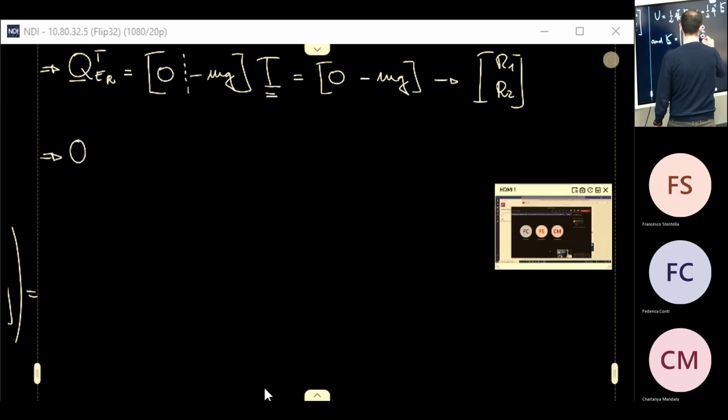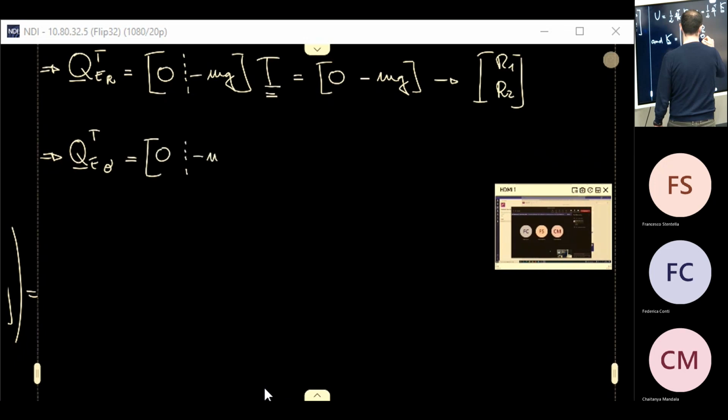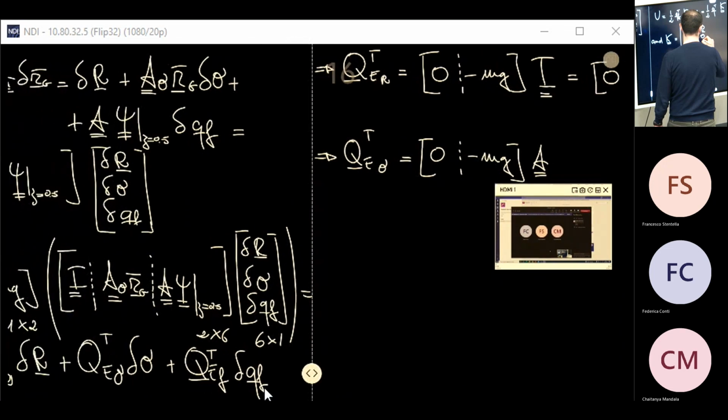Then you have Q E theta. Well, let's see how it amounts to. So again, it's 0 minus mg from the previous expression times A theta rg.